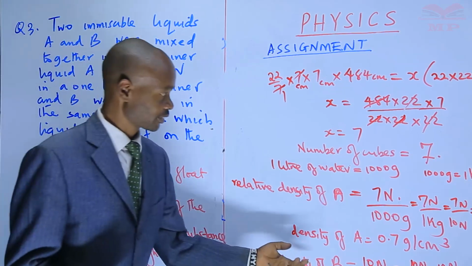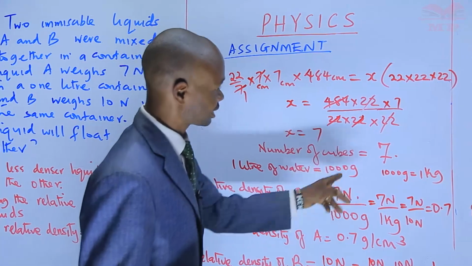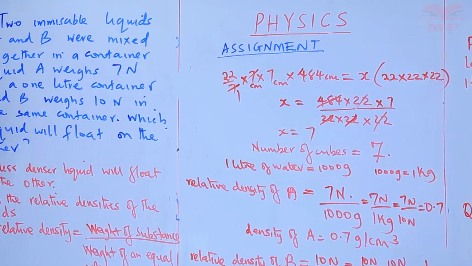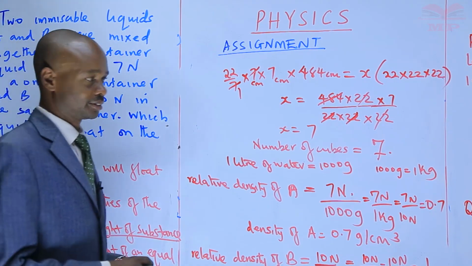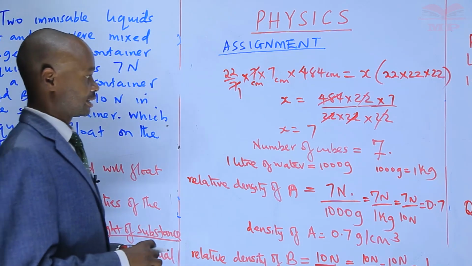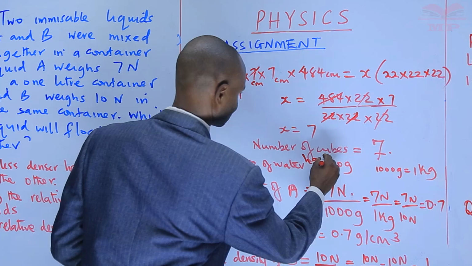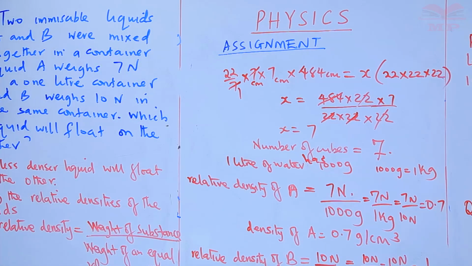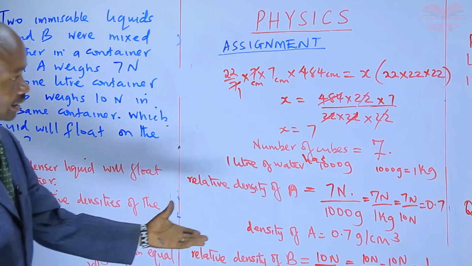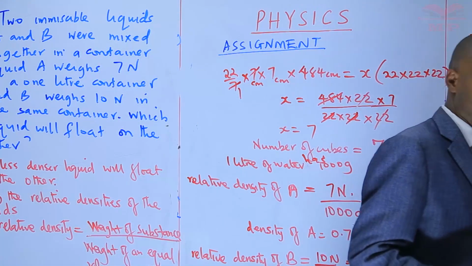That's why when I come here, 1 liter of water has a mass of 1,000 grams. So it's better to write has 1,000 grams. That's why it was easy for us to calculate the relative densities. So A floats on B.